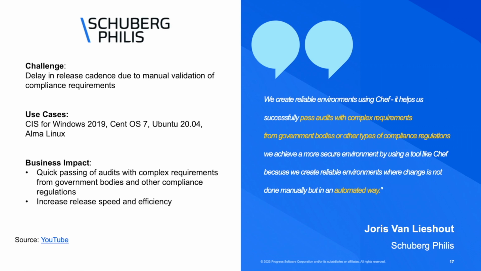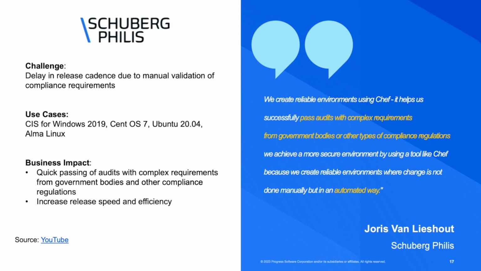With the help of Chef compliance and premium content, Shubhak Phillips can easily use our content, and they can also customize the profile, tuning it to other standards as well. With this automated continuous compliance approach, they can quickly validate their compliance requirements and significantly mitigate misconfiguration in their systems.